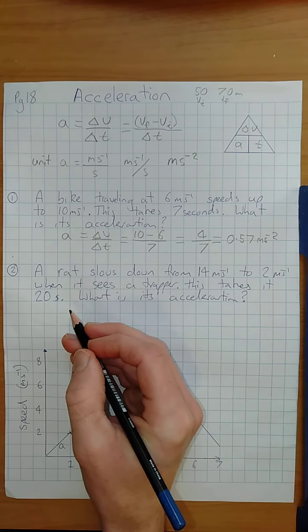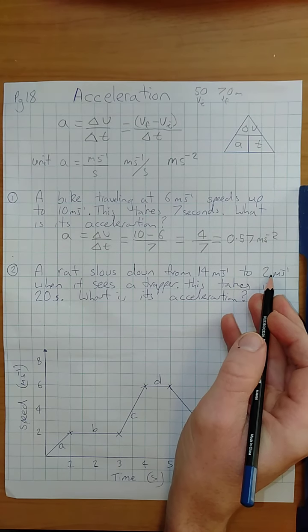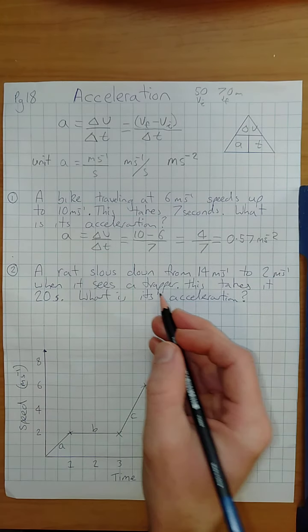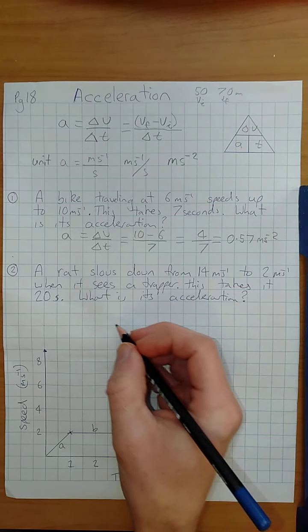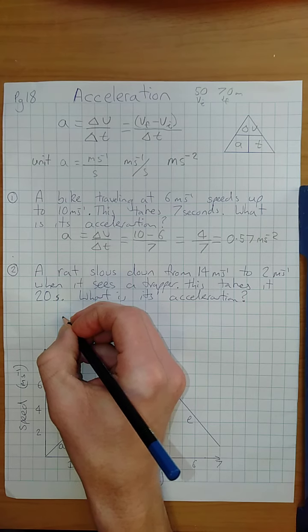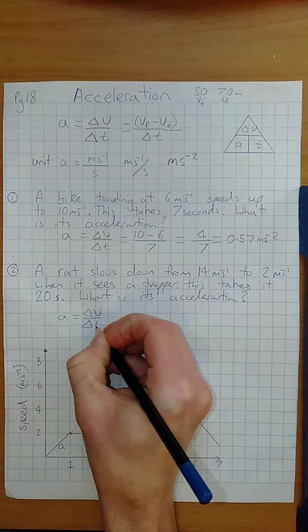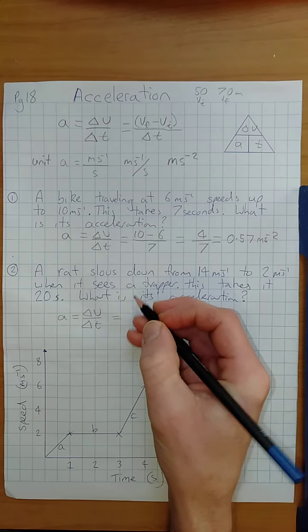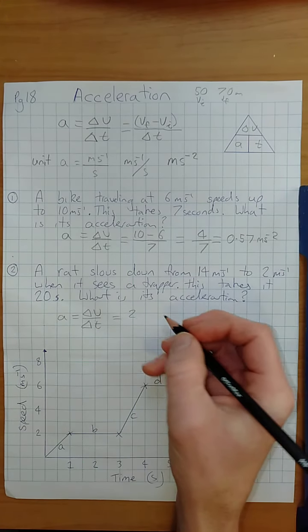Alright, on to our next question. A rat slows down from 14 meters per second to 2 meters per second when it sees a trapper. This takes it 20 seconds. What is its acceleration? So we'll write down our formula, like we always do in physics. Change in velocity over change in time. And we need to write down final velocity is 2, take away initial velocity, which is 14.